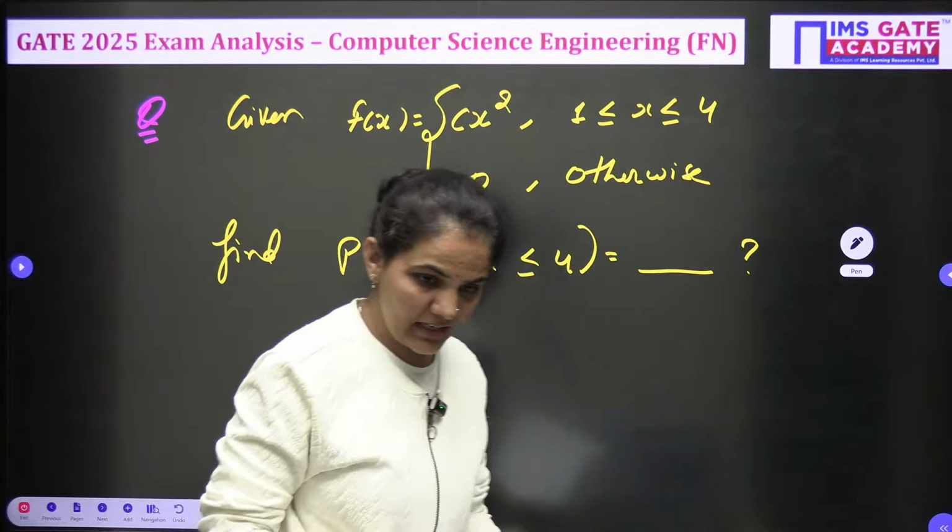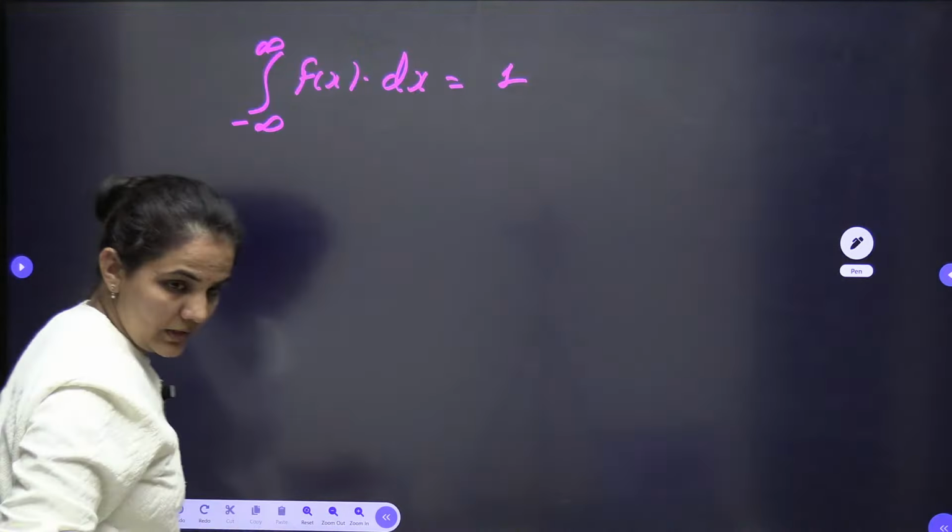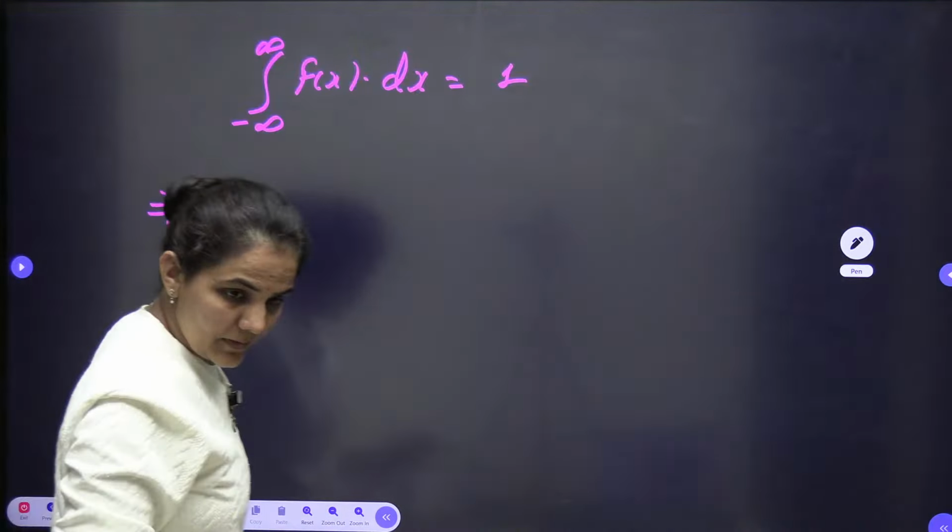So first of all, we need to find the value of C using the integration from minus infinity to infinity of f(x) dx equals 1. Since my function exists between 1 to 4 only, this becomes the integral from 1 to 4 of cx square dx equals 1. This is cx cube by 3, with the limits 1 to 4, equals 1.